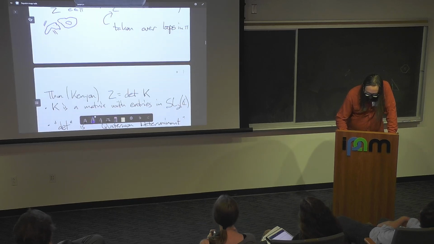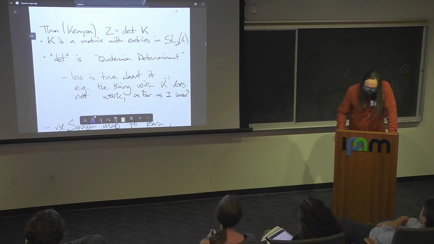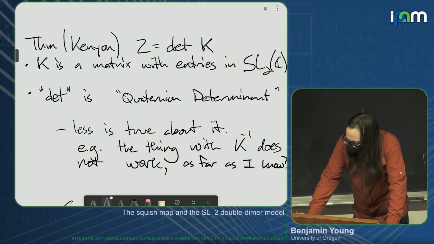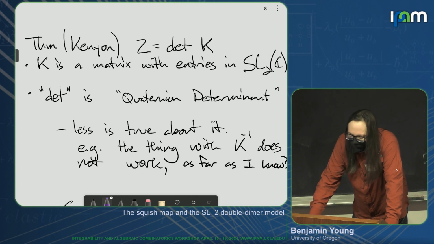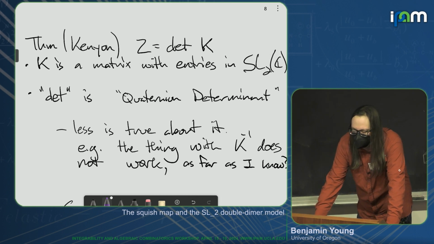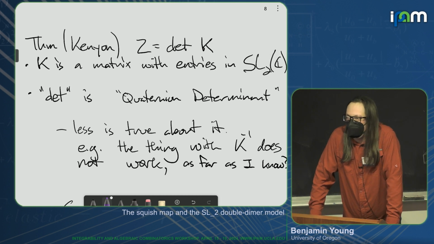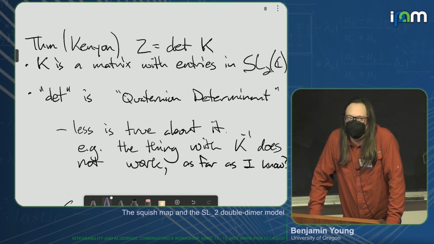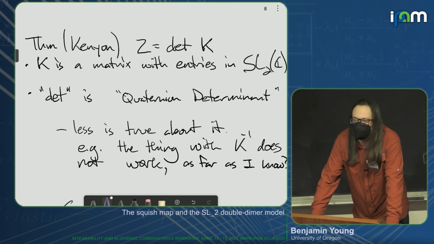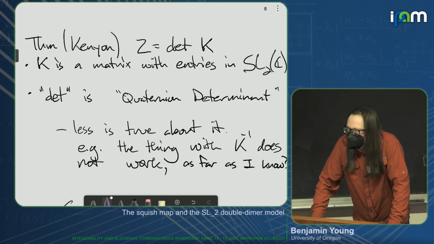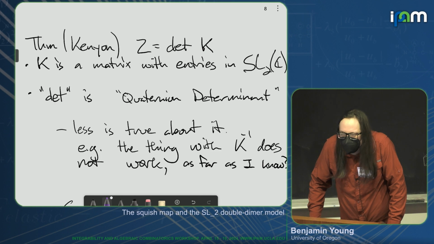So, how do you do it? Rick writes down this matrix, called K for Kasteleyn. Maybe you want to think about it as a matrix whose entries are in SL2. So this is a matrix over some non-commutative ring, and it's not even completely clear that the determinant has any nice properties over such rings.